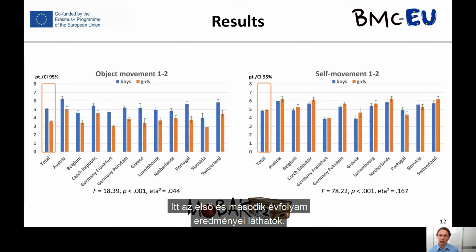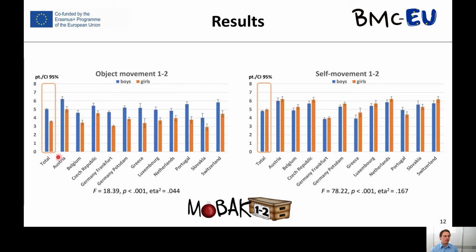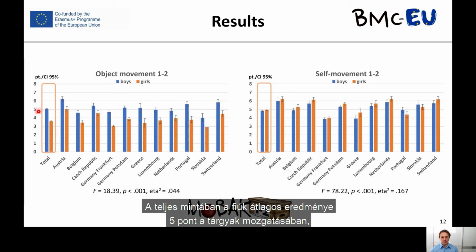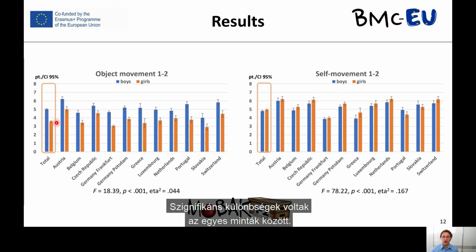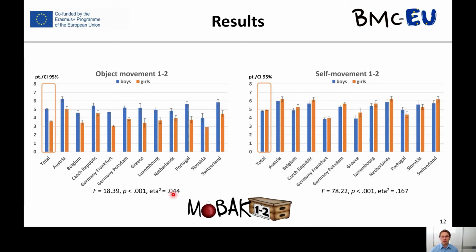These are the results for the first and second grade. In the overall sample, boys score an average of 5 points in object movement, while girls score around 3.5 points. There were also significant differences between the samples.